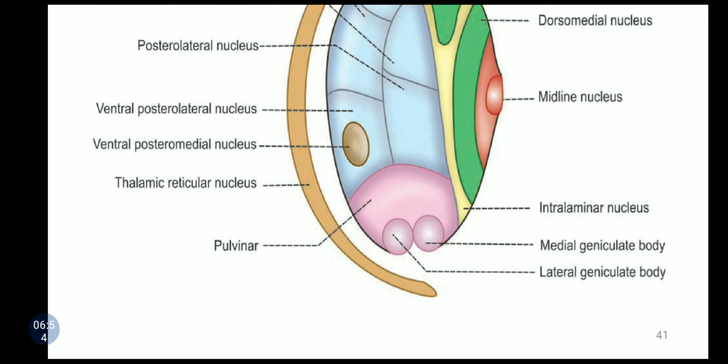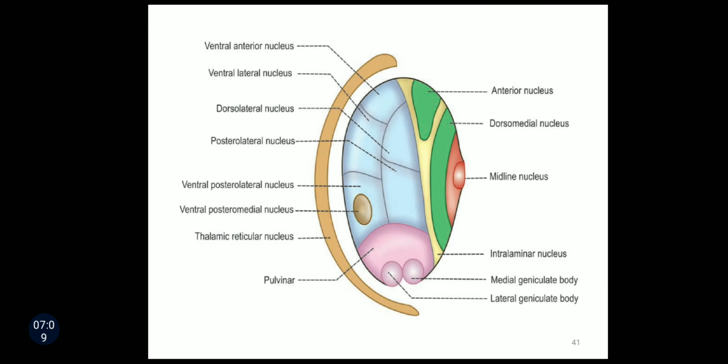So these are the various nuclei. Anatomically there are 5 groups of nuclei in the thalamus: midline nuclei, intralaminar nuclei, medial mass of nuclei, lateral mass of nuclei, and the posterior group of nuclei.